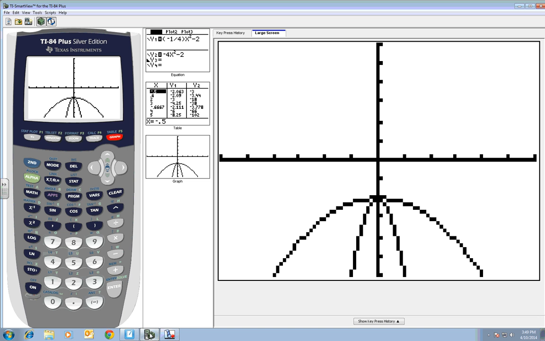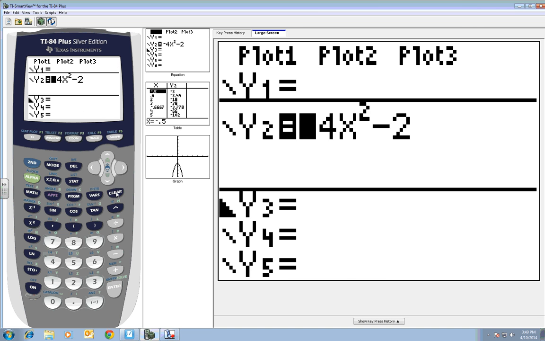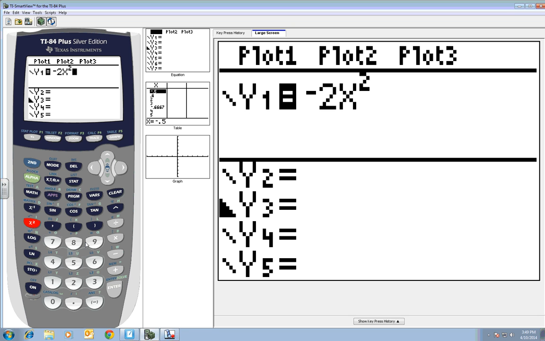So let's put those in. Y equals, I'm going to clear both of these out. So my first one that I'm going to try is B, negative 2x squared minus x plus 3. And I'm going to graph that.